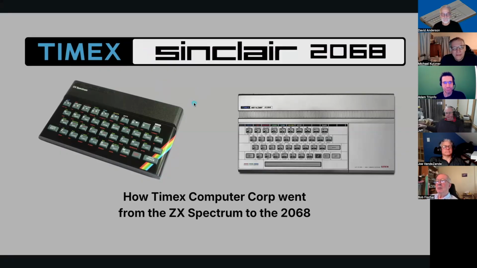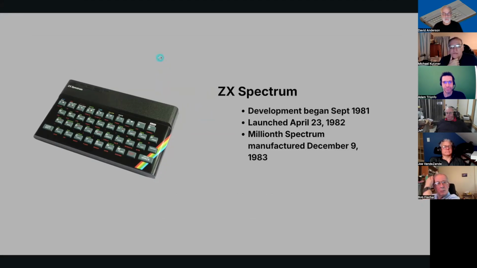Anyway, so how Timex went from this little black box on the left to this big silver box on the right. A little bit of prehistory, as it were. Sinclair started developing the ZX Spectrum in September of 1981, and Timex had not even started selling the Timex Sinclair 1000 in the US at this point.